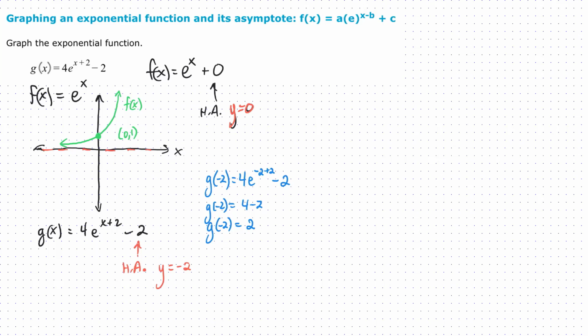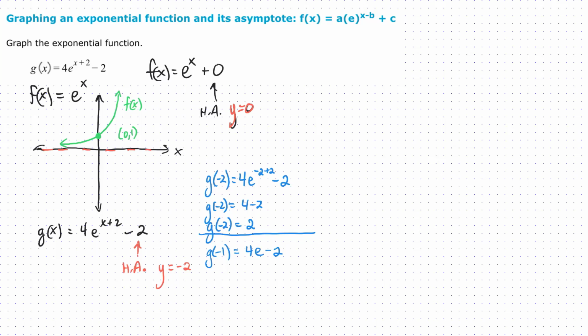Why don't we find another ordered pair? Let's try x to be -1. So why don't we find g of -1? G of -1 is equal to 4 times e minus 2. So there's another ordered pair, -1 and then 4e minus 2.